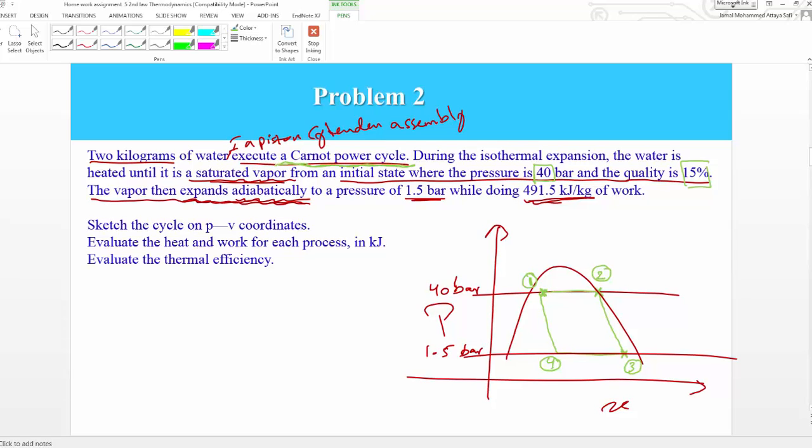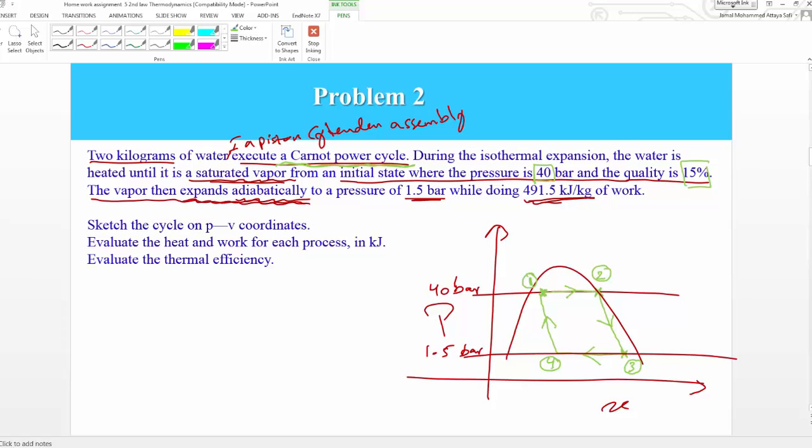So the whole system undergoes a cycle, and we know that a Carnot cycle is like this: isothermal expansion, followed by adiabatic expansion, then followed by isothermal compression, and then followed by adiabatic compression.